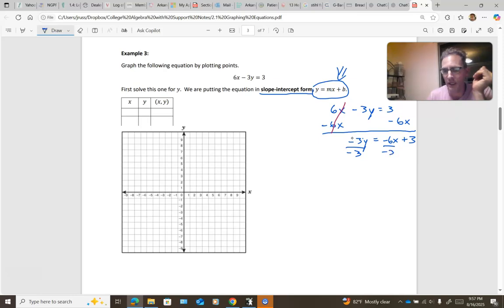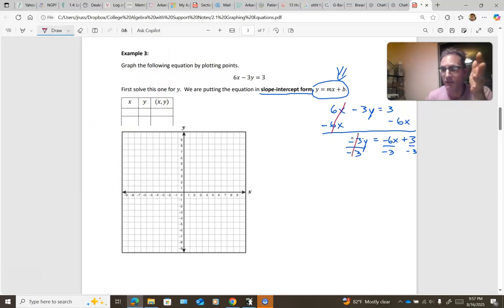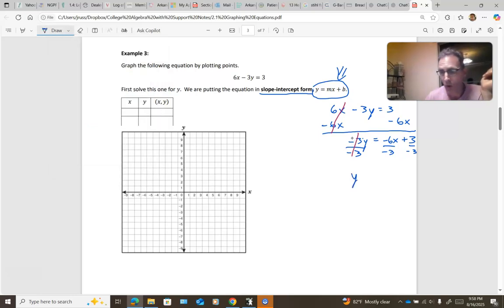So you put the -3 under both of those terms. So on the left-hand side, -3 divided by -3 is 1. So we're left with 1y, which we just express as y. There's no need to put the 1 in front of it. It's understood to be there.